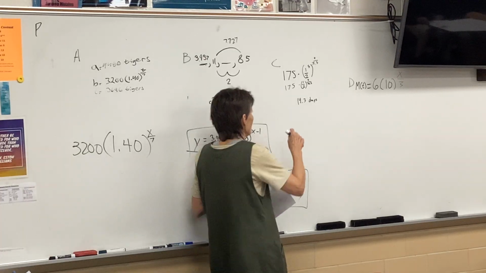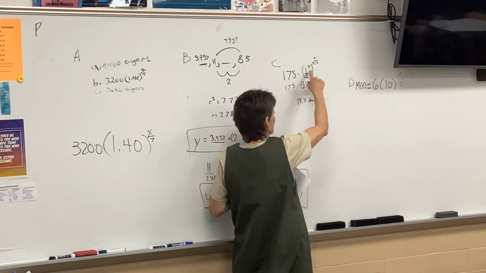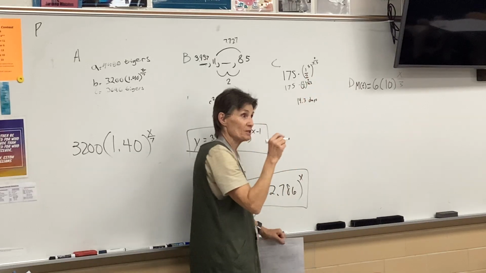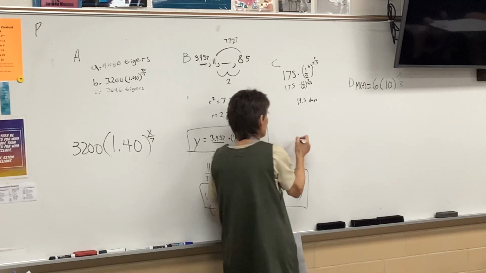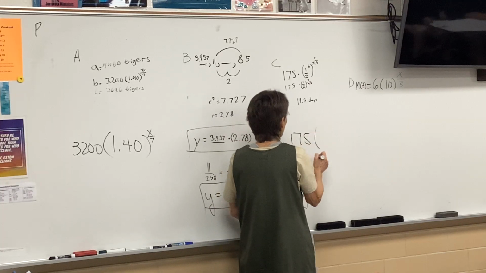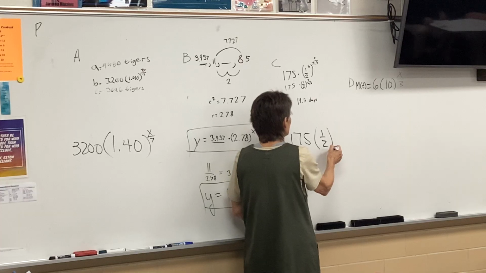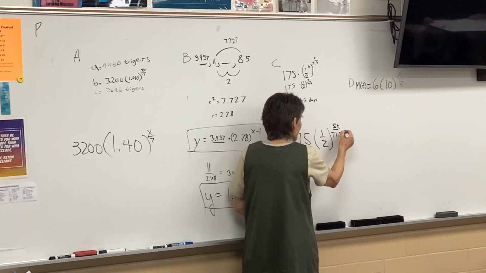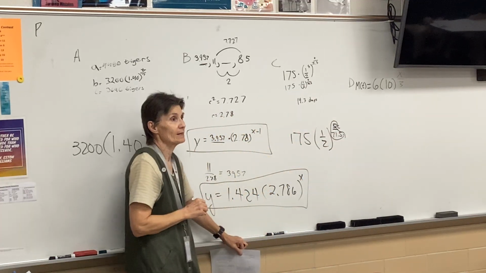Well, I know that 1/32 is 1/2 to the 5th, which is significant because we're doing half-life. So he said 175 times 1/2 to the 5t over 71.5, and then he reduced that and got 14.3.